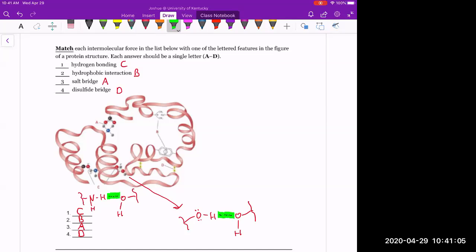It's the hydrogen bond. Remember, you have to have a nitrogen-hydrogen, oxygen-hydrogen, or a fluorine-hydrogen bond in order to have hydrogen bonding occur.